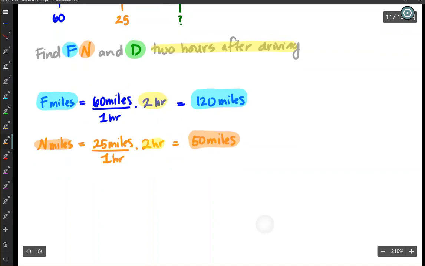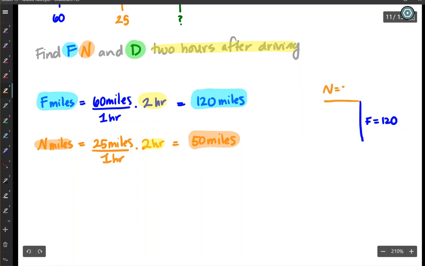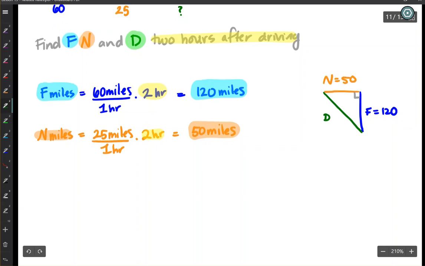And then for D, we need to use our Pythagorean theorem. We have F being 120. We have N being 50. And the question is, at that moment in time, what is D? Right?